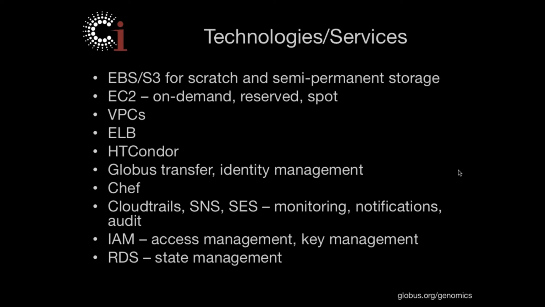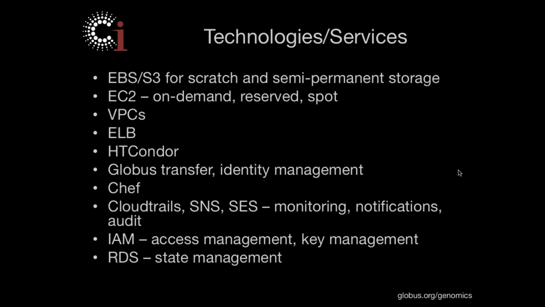We recently started using Docker containers to schedule container services, VPCs for security and virtual private cloud networks, and elastic load balancing depending on the traffic. We used ELB to load balance on the web server. HTCondor for scheduling these jobs, and for transfer and identity management, we leverage Globus capability.